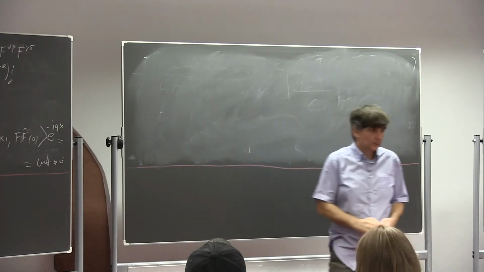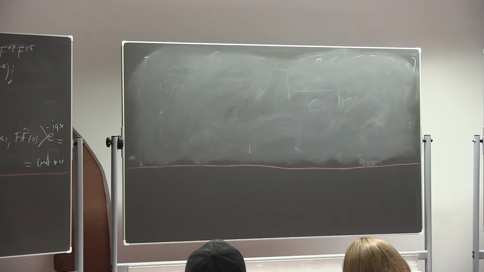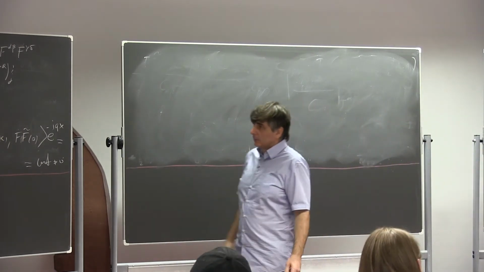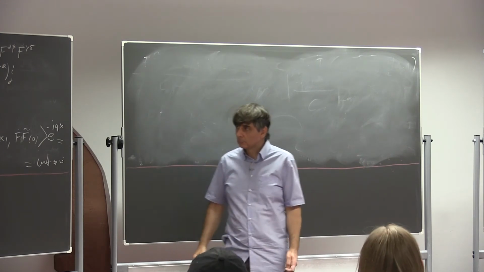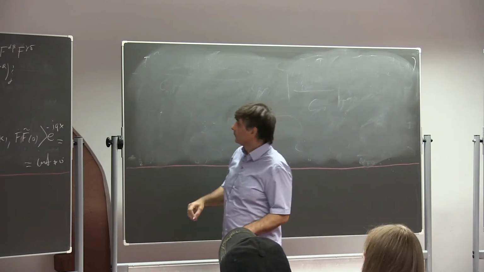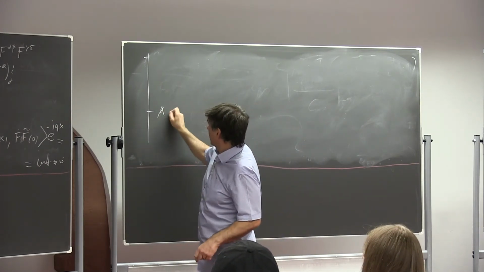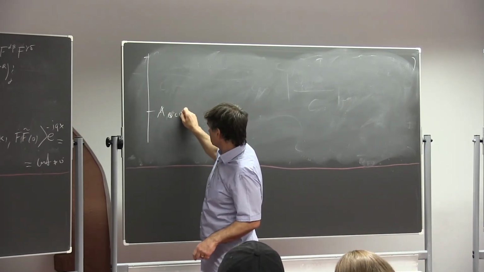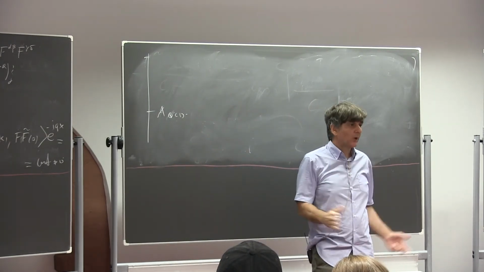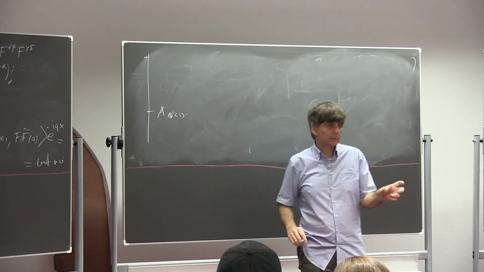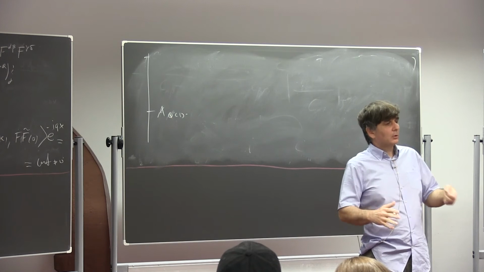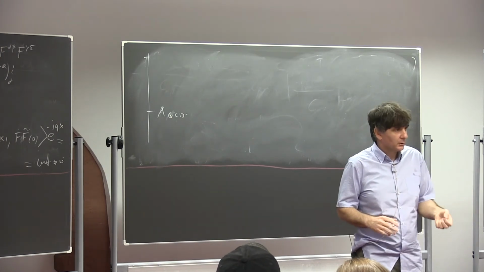Now, the first is the standard story, right? So what is the standard story? We have the QCD scale. Let's introduce a certain set of quark flavors, normally fermions in the fundamental representation.